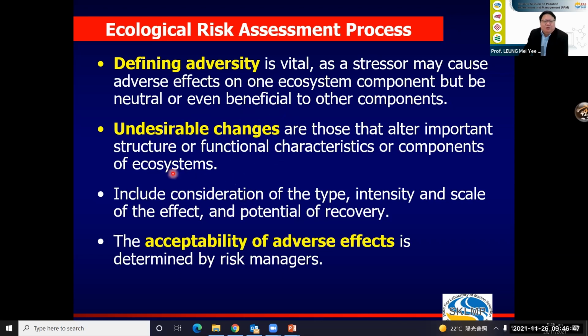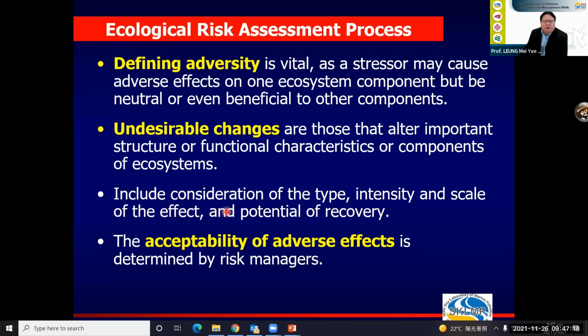But very often we will look at the biodiversity, say how many species are in the system now, and whether such discharge of pollutants will reduce a significant number of species, leading to unacceptable concern; then we will draw the line there. During the consideration, we will also take into account the type, intensity, and scale of the stressor and its effects.